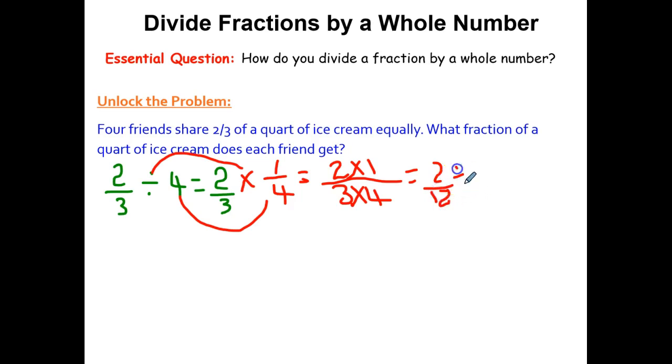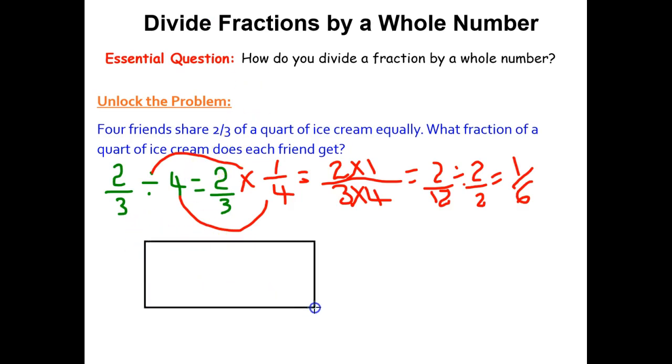And if you simplify that, you divide the numerator and the denominator by 2, you get 1/6. Okay? So what fraction of a quart of ice cream does each friend get? 2/12 or 1/6. Second way that we could do this is by creating a model. We can model that.